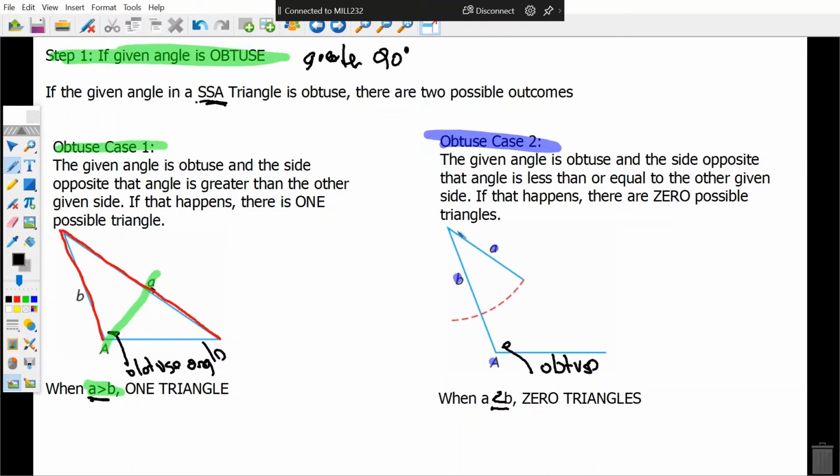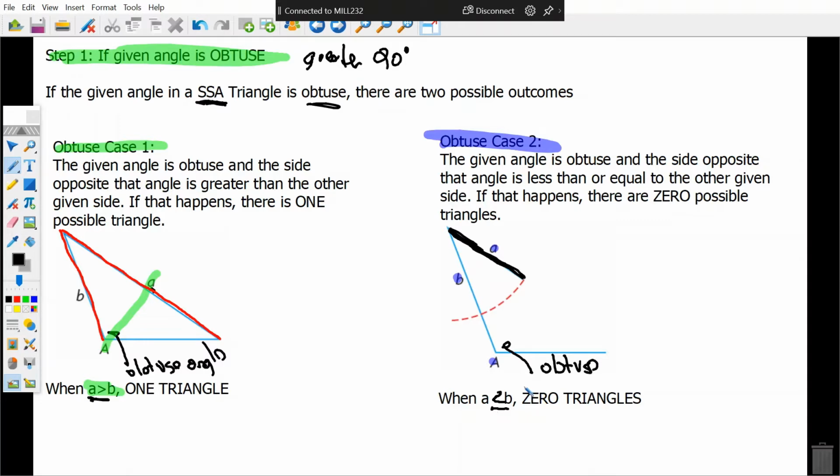If side length a, which is opposite angle A, is less than b with an obtuse angle, there's no way to make a triangle. As you can see, with side length a being less than b, it can't connect down here. There's nowhere to draw side length a to make a triangle. So if you have a side-side-angle triangle with an obtuse angle, and a is less than or equal to b, there are 0 possible triangles.